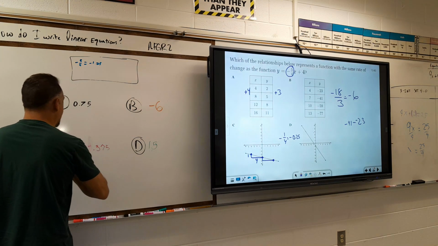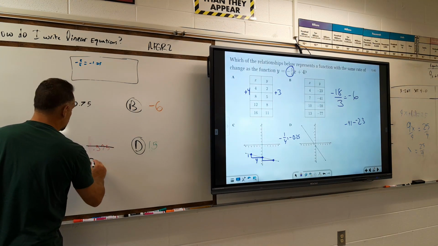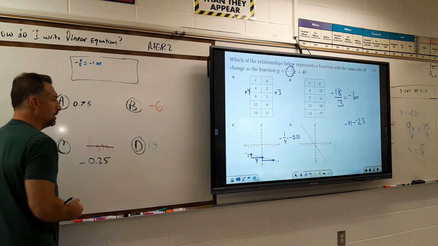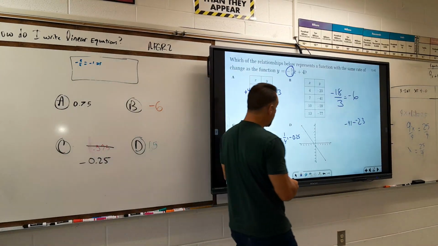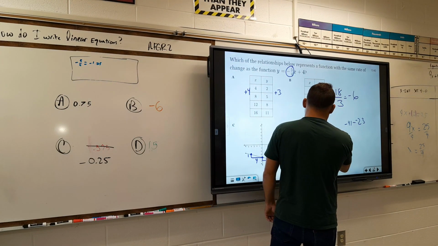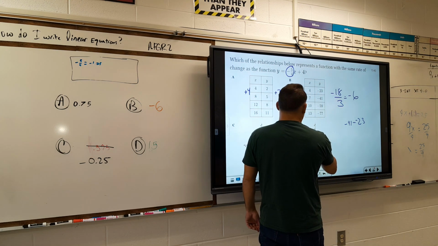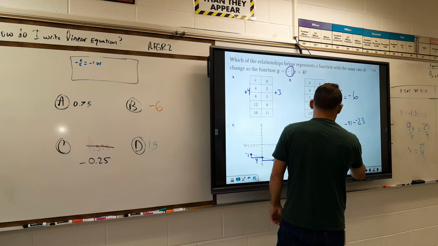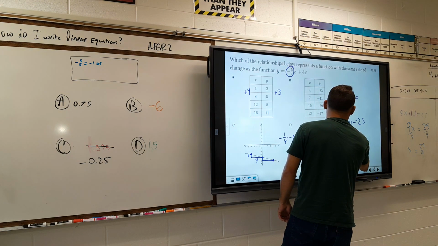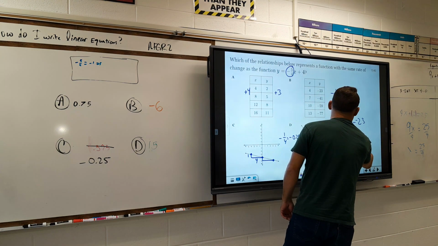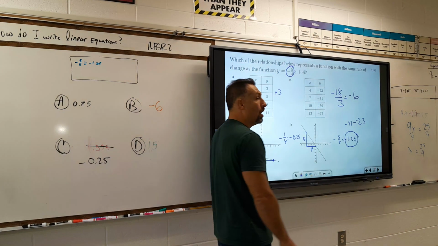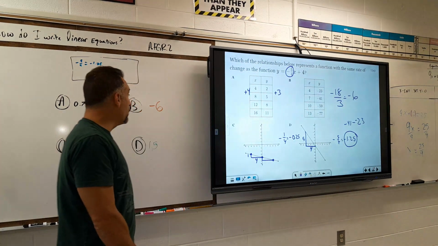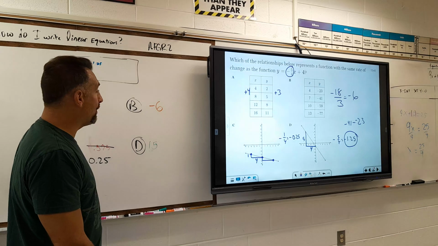We're guessing and making up stuff. This one, it's the same thing. It went down 5 over 4. It's negative 5/4, which is negative 1.25 if you put it in your calculator. Y'all have to care a little bit more. We shouldn't have that many people being that far off.